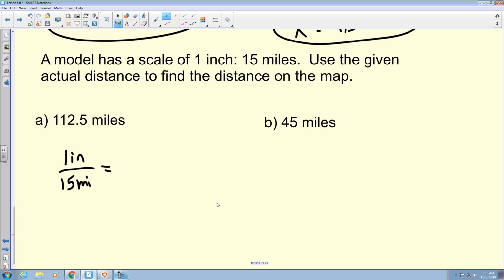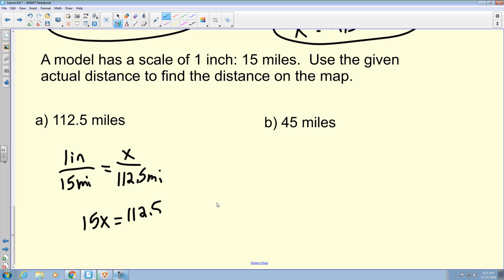I don't know the distance on the map, so I write that as x, over 112 miles. Notice I have inches on the top and miles on the bottom, keeping it consistent. When I do the cross products, I get 15x equals 1 times 112.5, which is 112.5.